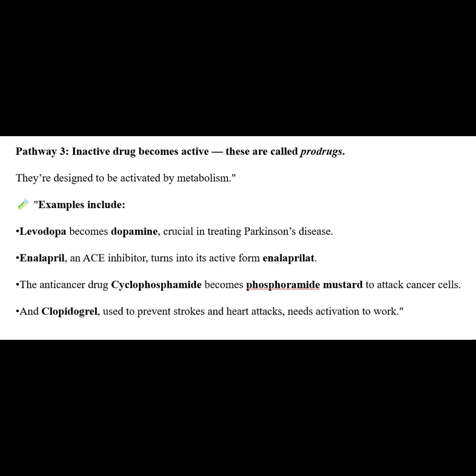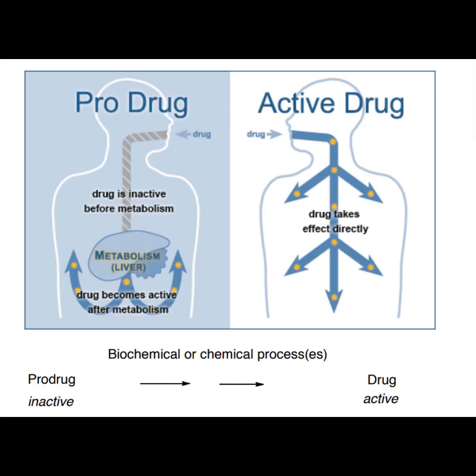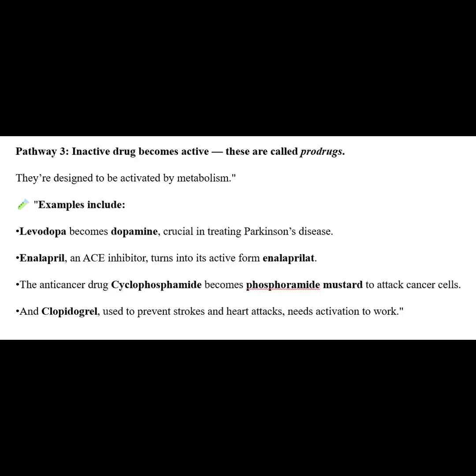Coming to the third pathway, inactive drug becomes active. These are called prodrugs. These are designed to be activated by metabolism. Examples include levodopa becoming dopamine, crucial in treating Parkinson's disease. The second example is enalapril, an ACE inhibitor used in hypertension management, which turns into an active form called enalaprilat.